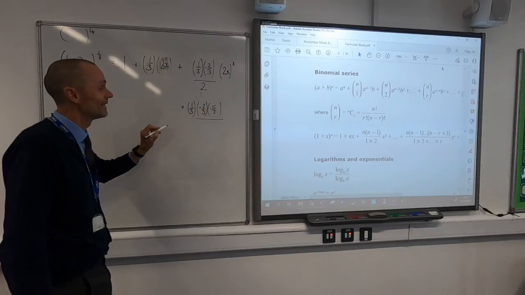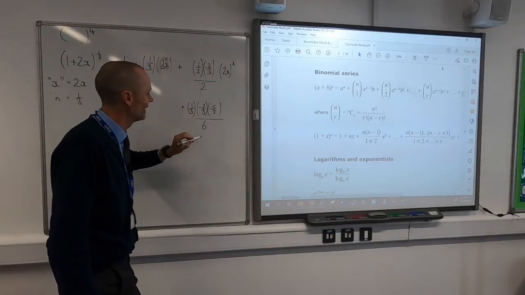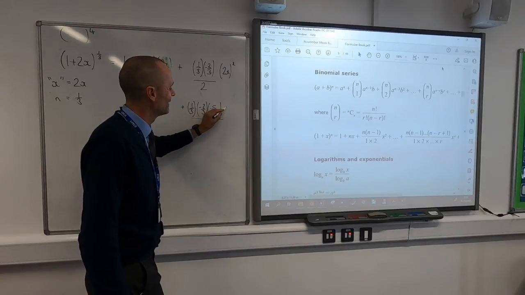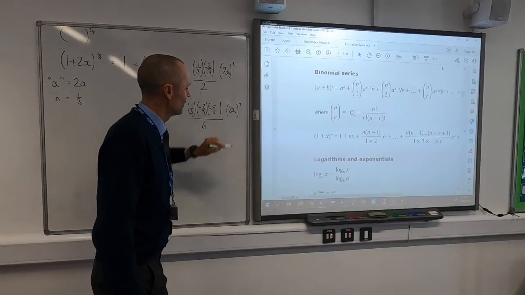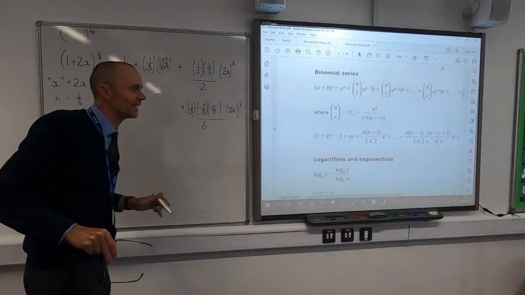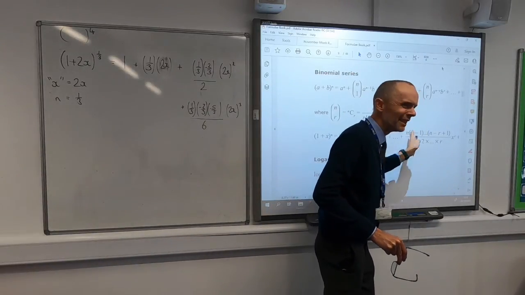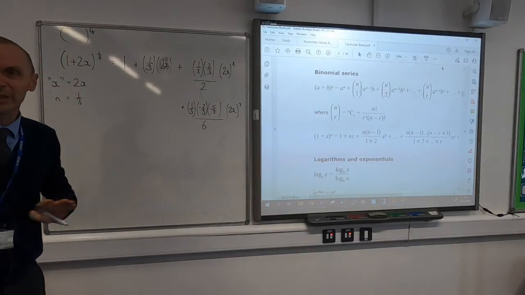Over 6, 1 times 2 times 3, 3 factorial, brilliant. Multiplied by 2x cubed. Fantastic. And never try and do too much in your head. Don't try and work out what that actually is as you go. Always write that down, and that's there on the formula sheet, although this is really confusing, but you'll get used to it. We're going to do lots of practice.